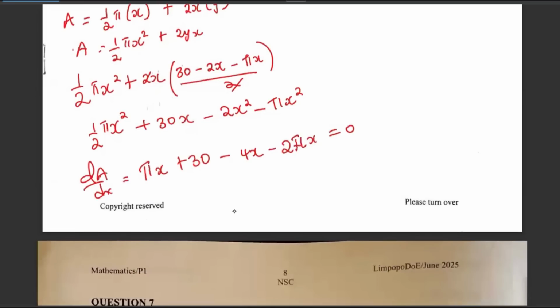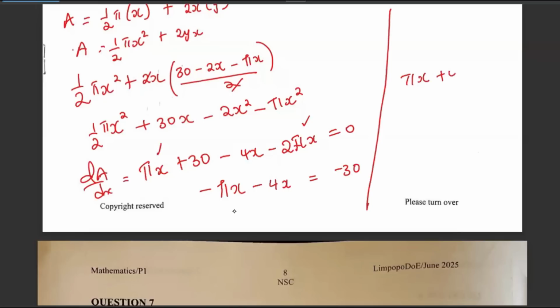So when I subtract this and this, we're going to have a negative pi x minus 4x should be equivalent to negative 30. Divide through by negative, meaning that pi x plus 4x should give us 30. Take out the x. You have pi plus 4 giving me 30, meaning that your x should be 30 over pi plus 4.